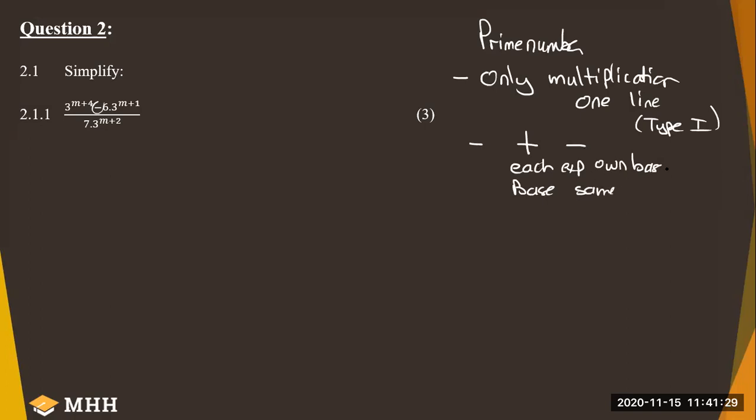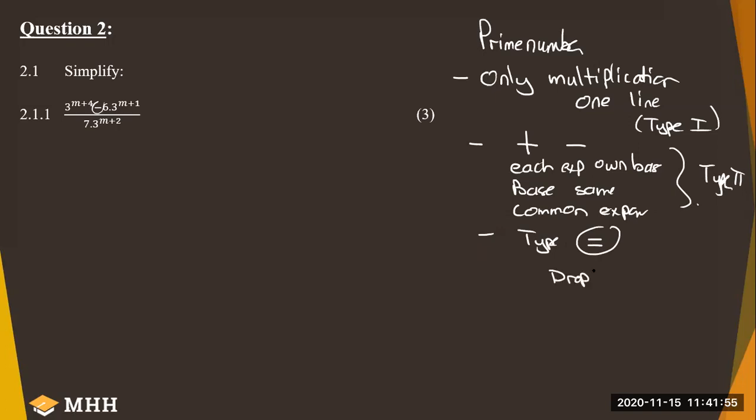Each exponent gets its own base and you have to look for the common exponent. Right. This is type 2. Type 3 is when you see equal sign exponential equations. And that's basically when you try to make the bases the same and then you can drop the bases.